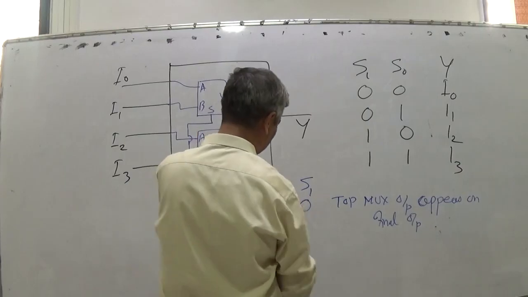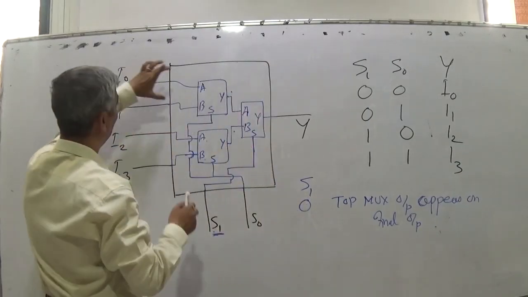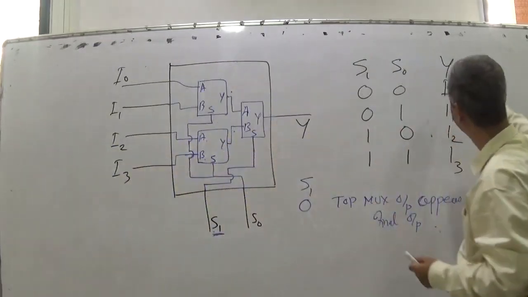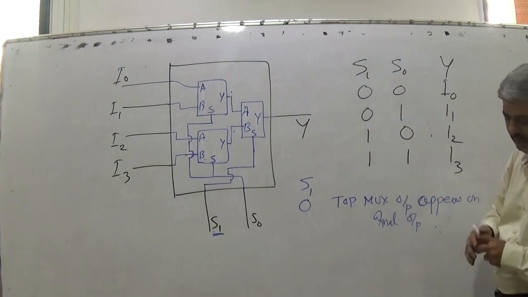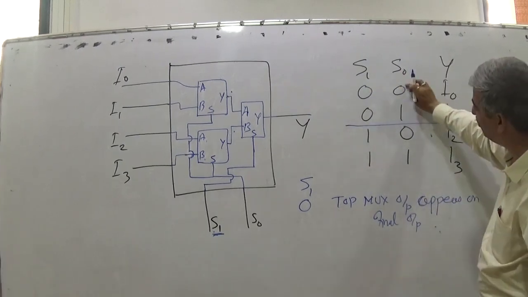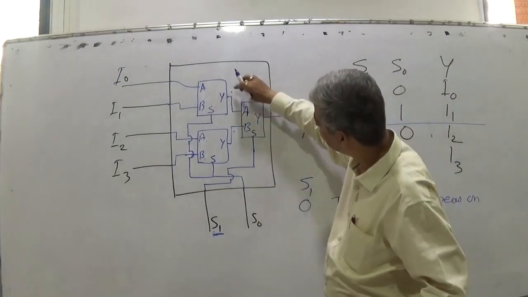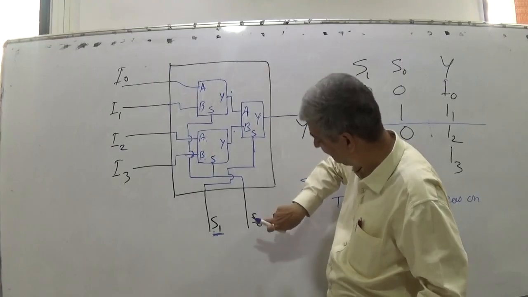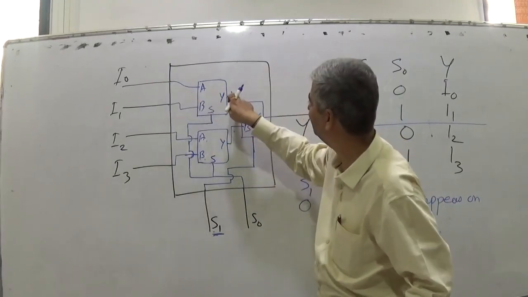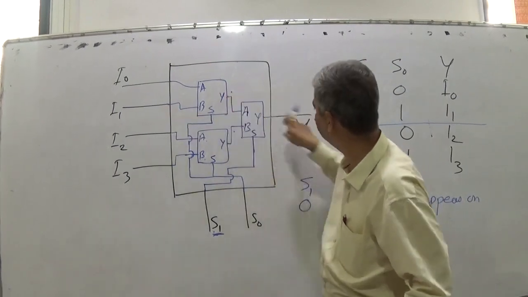So when S1 is 0, S0 decides what should be here. When S1 is 0 and S0 is 0, I0 appears here, and it appears on the output. When S0 is 1, I1 appears here, and this appears on the output.